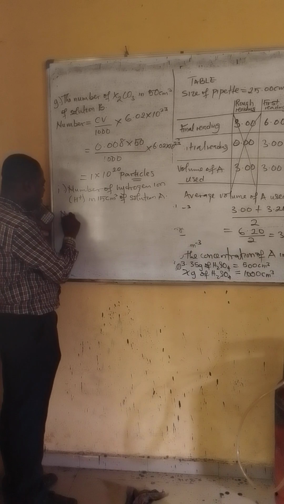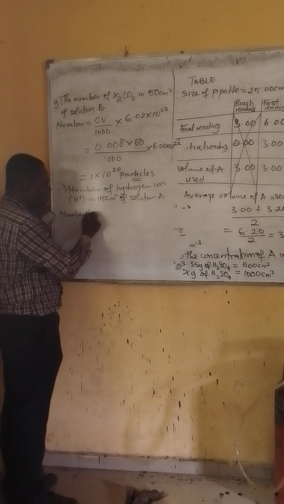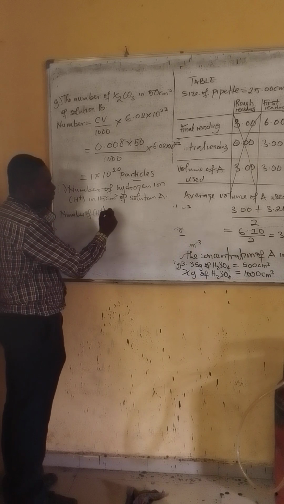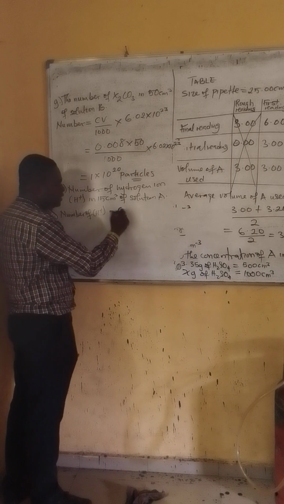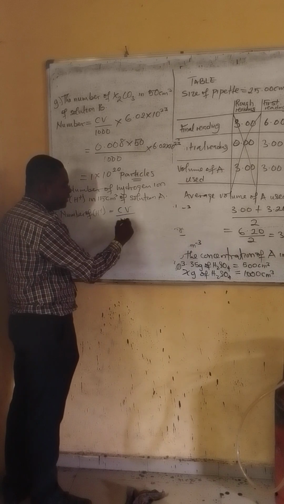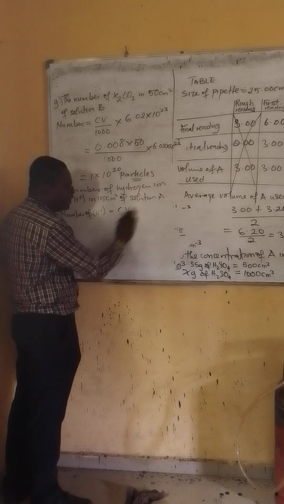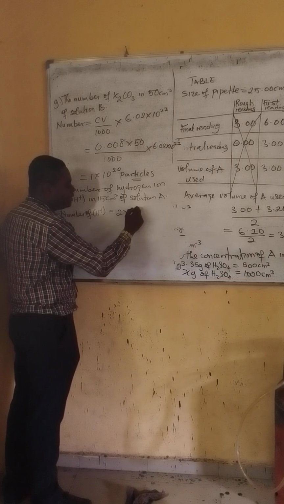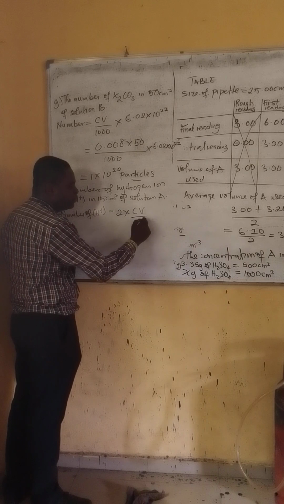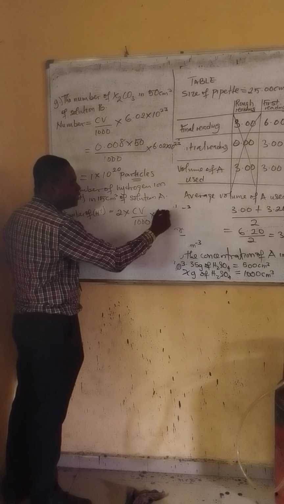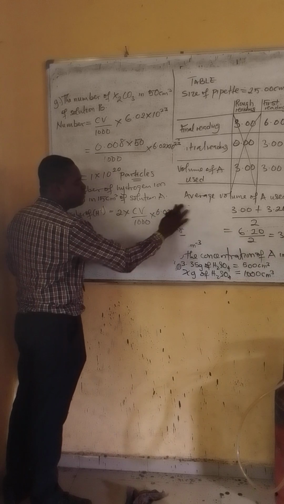So number of hydrogen ion will give us CV over 1000. Will give us, first of all, 2 times CV over 1000 times 6.02 times 10 to the power 23.